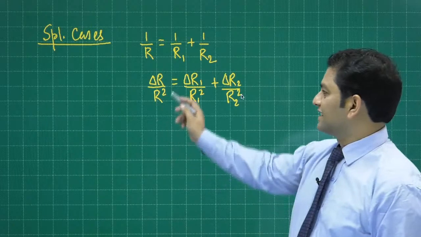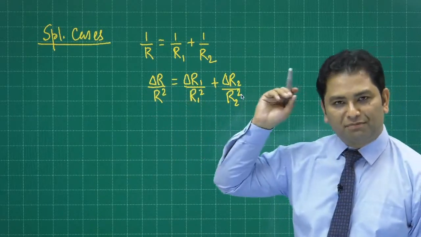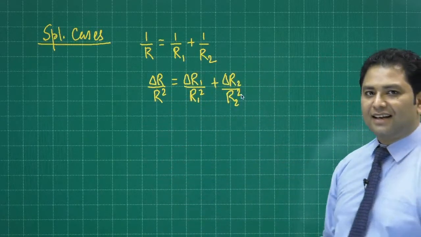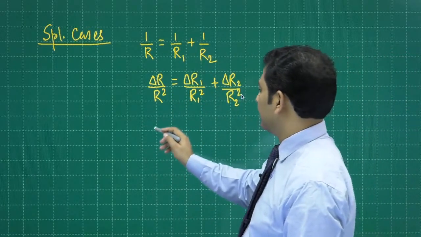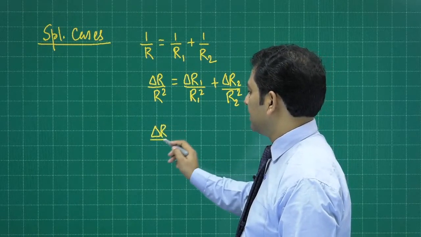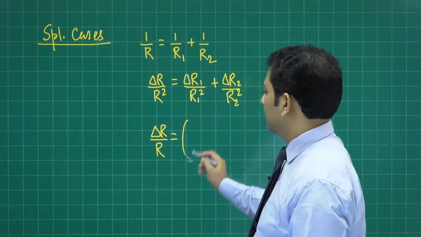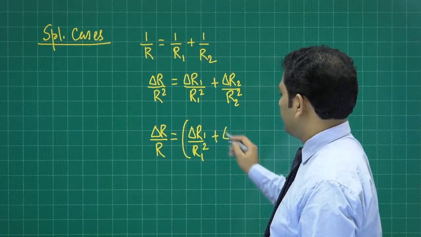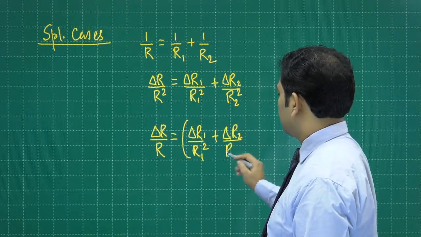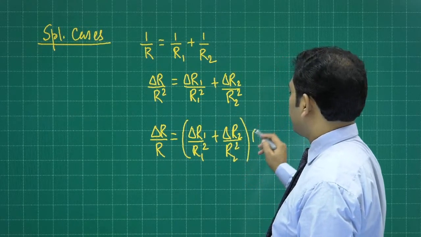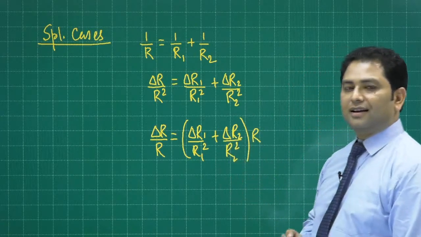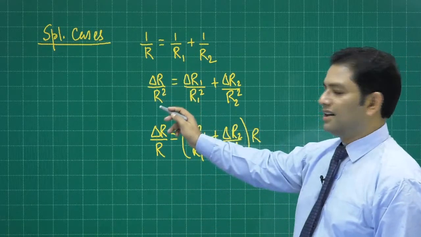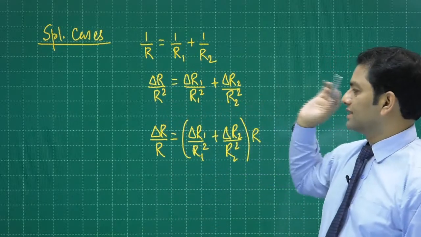And this is neither the fractional error nor the absolute error, nothing like that. But say suppose I want to calculate the fractional error, so delta R by R is going to be delta R1 by R1 square plus delta R2 by R2 square multiplied by R. It is a bit tricky. If I wanted to calculate the fractional error, then delta R by R square, that R will go this side.